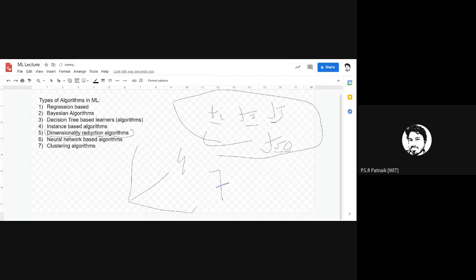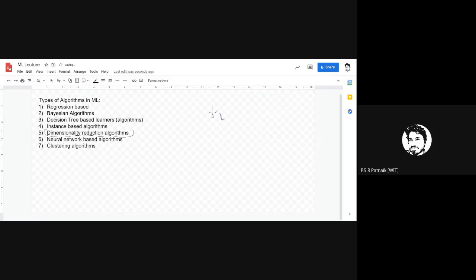The more the dimensions of the data, the more complex the machine learning. The more complex it is, the more the chances that the model might overfit and give high variance. So we apply some algorithms that convert this data into a lesser dimensional representation.